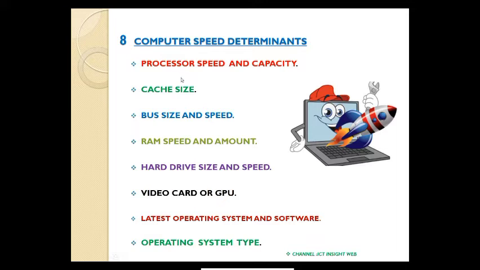Number 1 is the processor speed and capacity. 2, cache size. 3, bus size and speed. 4, RAM speed and amount. 5, hard drive size and speed and hard drive type at the same time. 6, video card or GPU, that is graphic processor unit. Then 7, we have latest operating system and software. And 8, operating system type, the type of operating system you are operating with.